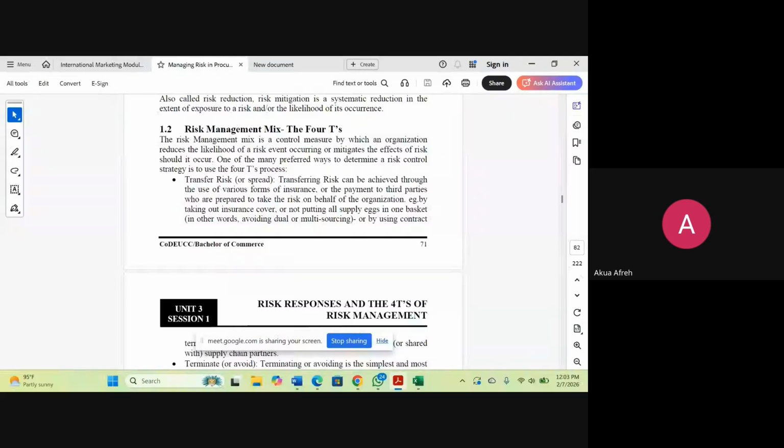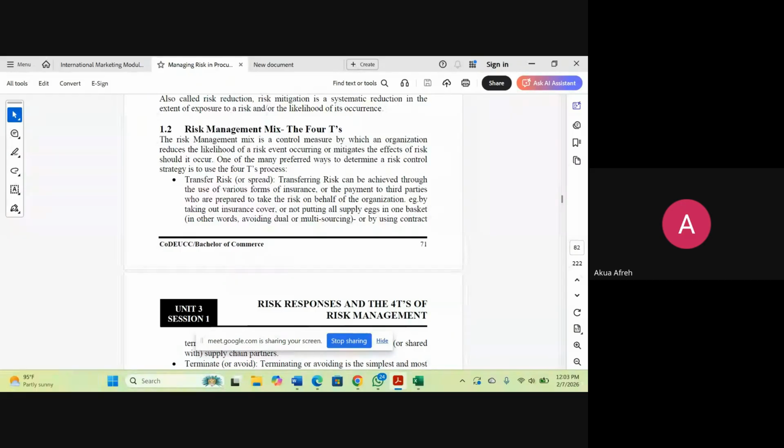So we are saying that we have 4 risk management options, which are the 4 T's: the transfer of risk, and if you want to terminate the risk, we are there.